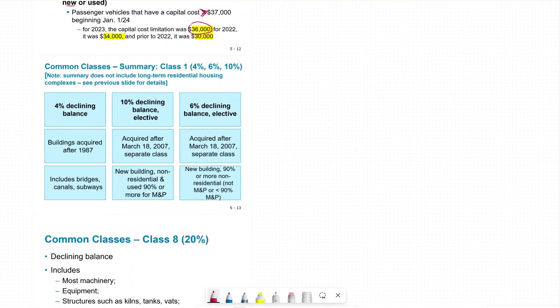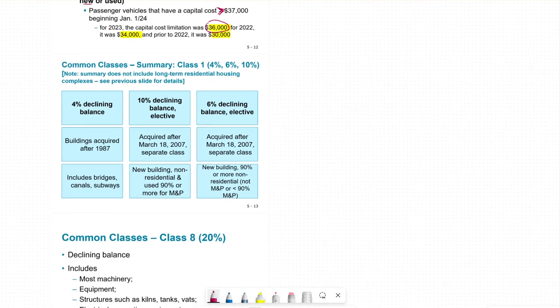Now these are some of the common classes. In class 1 we could apply 4%, 6%, or 10% CCA. How do you know if you should take 4%, 6%, or 10%?